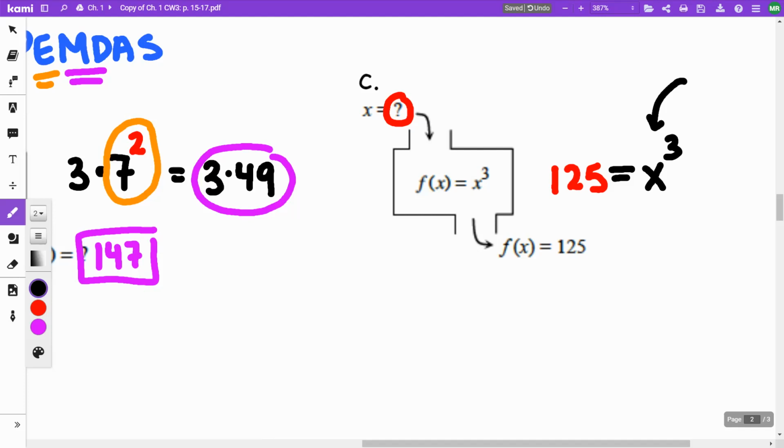Now on your calculators, you do have a cube root button. But if you ask yourself, what can I cube to get a 125? Hopefully you'll think of 5. 5 cubed is equal to 125. So in this case, my input would have been a 5.